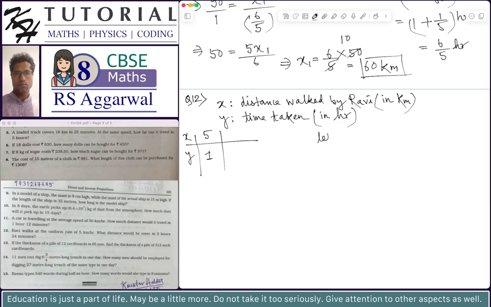So let Ravi cover x1 kilometer in 2 hours 24 minutes. Now 2 hours and 24 minutes has to be converted into hours, since we are assuming the unit of y to be in hour. So this is equal to 2 plus 24 by 60 hours.